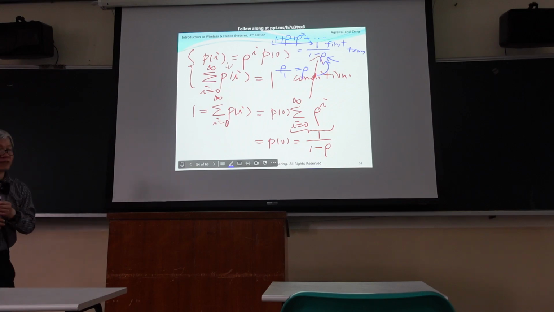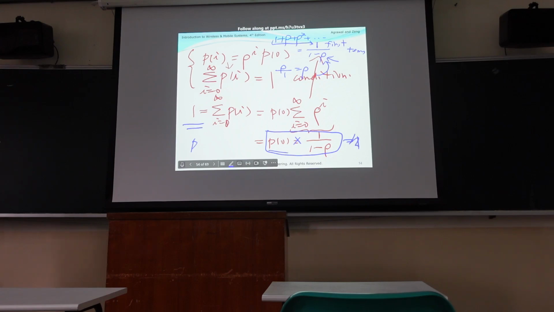And so then we have the result. Once we have the result, then it says equal. Because of equality here. Because of equal to 1, so 1, this one. So we have the result. Okay, finally we have P of 0 equal to 1 minus rho.